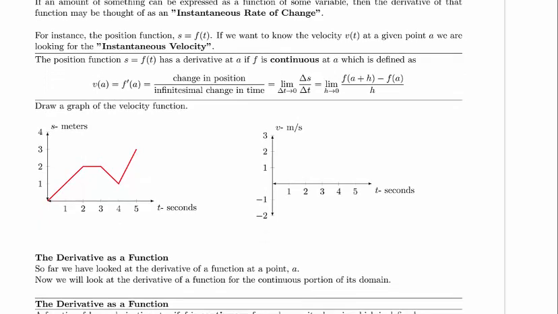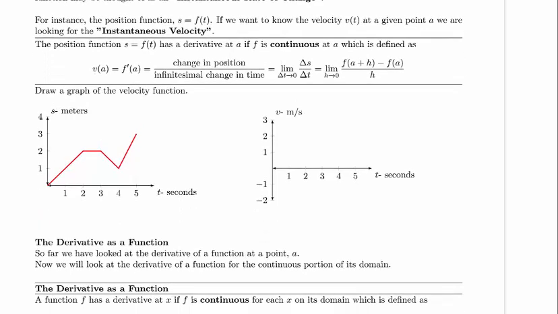All right, so let's take a look at this. Here's a formal definition for the instantaneous velocity. Note it's got a very similar definition to the regular derivative. It's simply the change in position divided by some infinitesimal change in time. An infinitesimal is just an incredibly small amount.